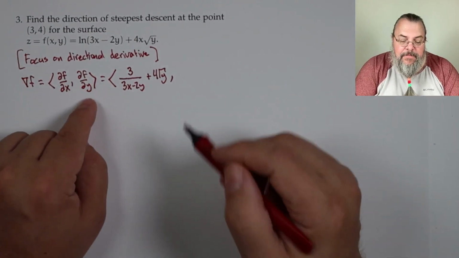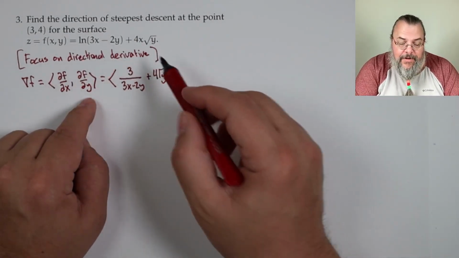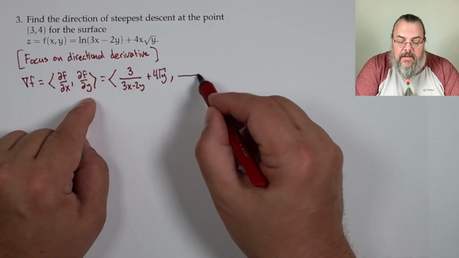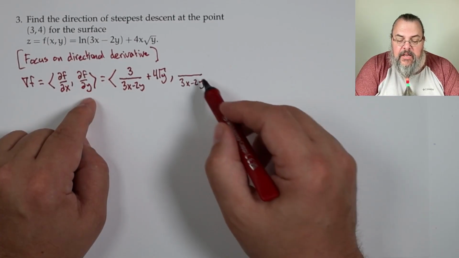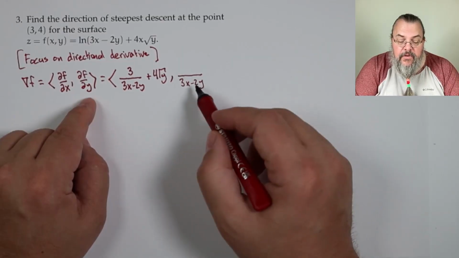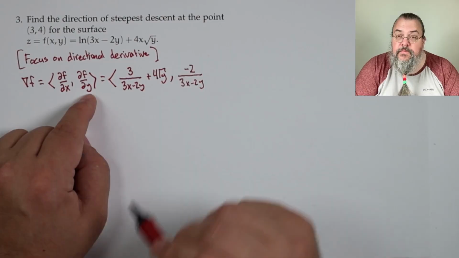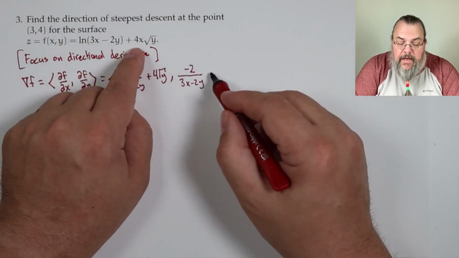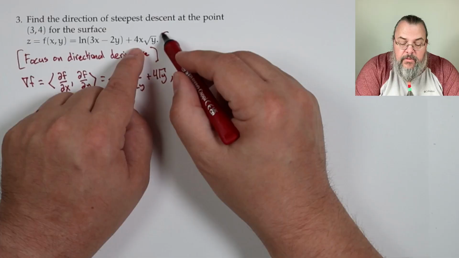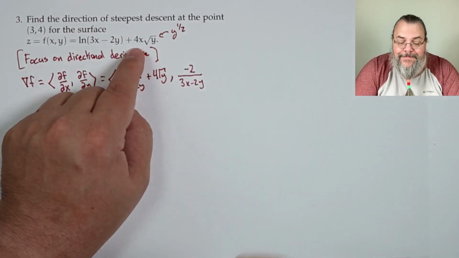Now, partial f, partial y. Same thing, but now y is our variable. Again, we have a log, so we write our fraction, write the inside in, and then take the derivative of the inside with respect to y, and that would be a negative 2. Plus, here we have a 4x. Now remember, square root of y is really code for y to the 1/2.